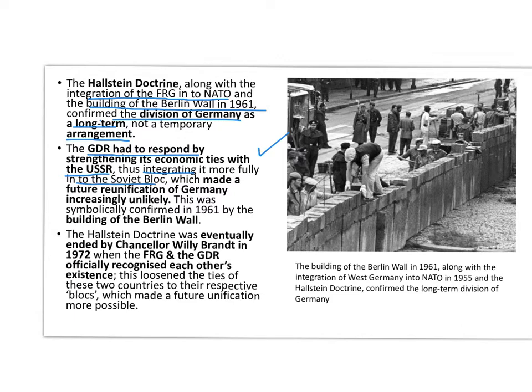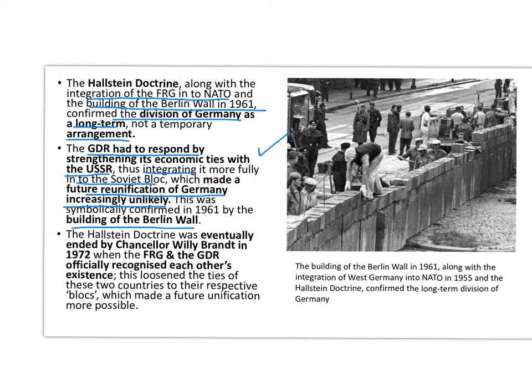So what you've got is East Germany becoming more integrated into the Soviet bloc, and West Germany more integrated into the Western bloc. And with that, therefore, future reunification of Germany was increasingly unlikely. And that was symbolically confirmed in 1961 by the crisis that led to Berlin, the city at the centre of the Cold War, literally being physically split into two by a wall being built through the middle of it.